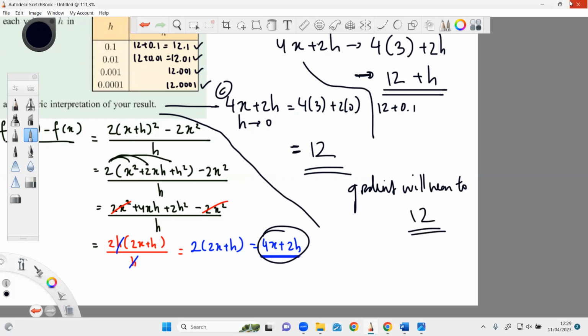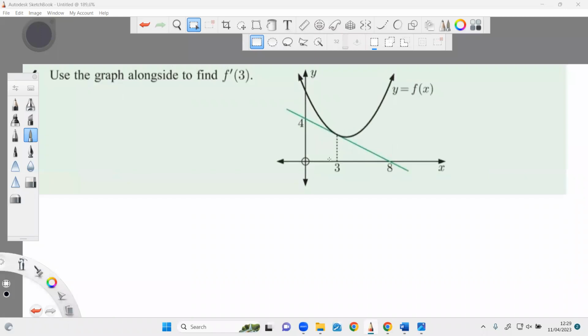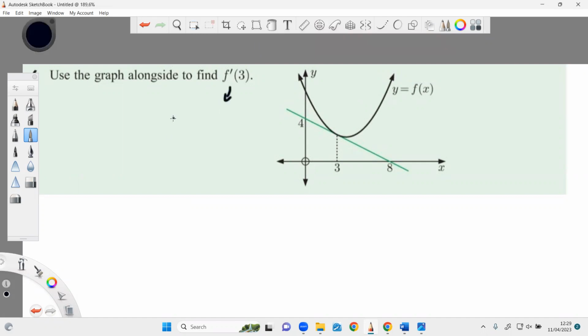That's the formula. Here, to find f accent means gradient. When f accent 3, it means that the tangent passes through 3. This is a tangent, so what you need to do is try to find the gradient.